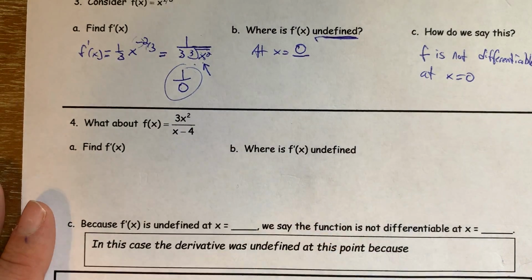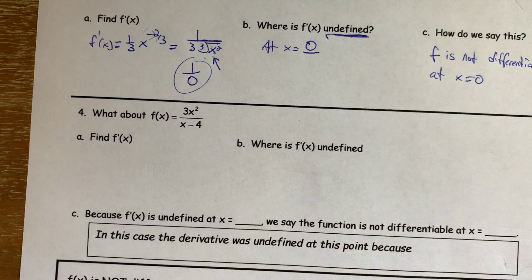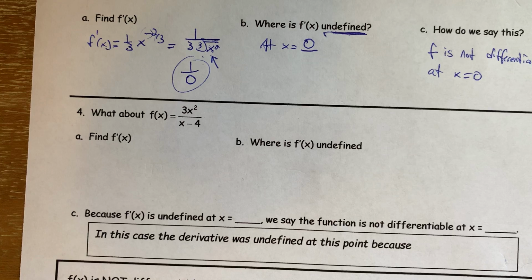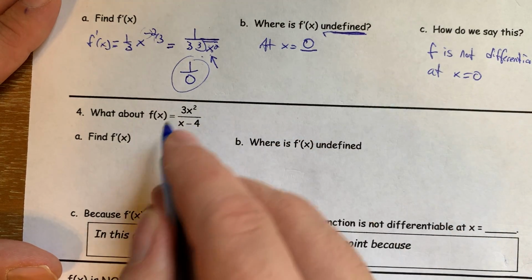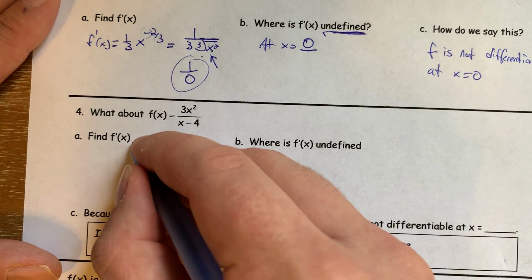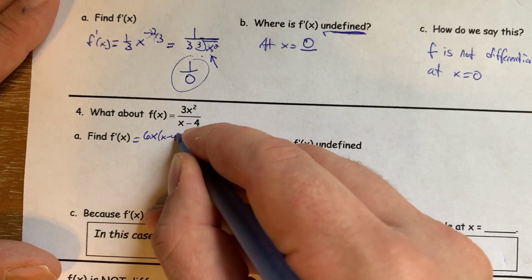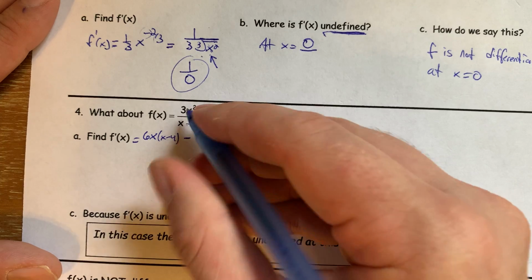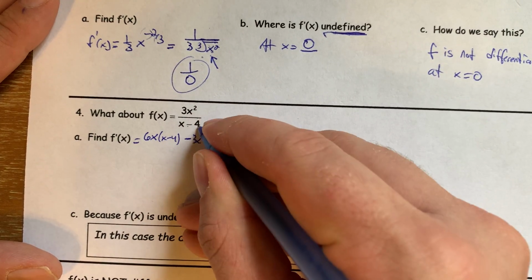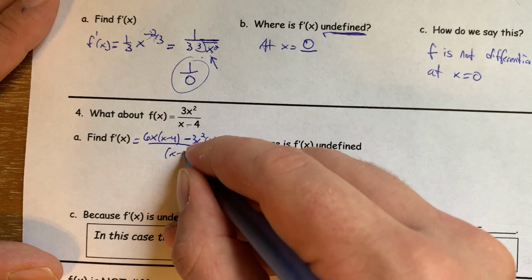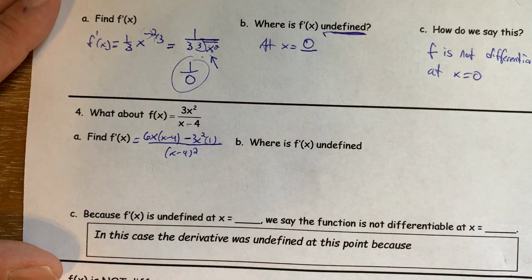Okay? Why don't you guys try this one on your own? Find f prime of x. And hopefully you realize you need to do the quotient rule because it's a quotient, it's dividing. So the derivative is going to be the derivative of the top times the bottom left alone, minus, we leave the top alone, times the derivative of the bottom, which is just 1, all over the bottom squared.